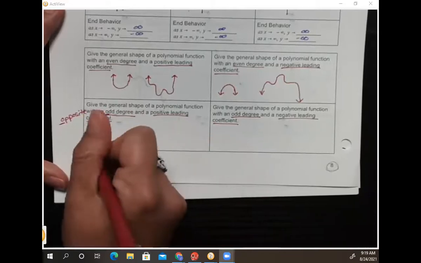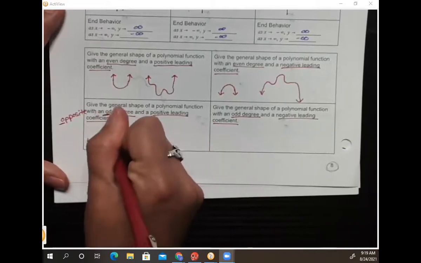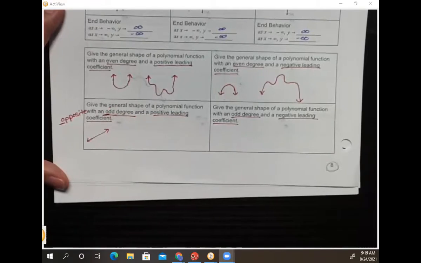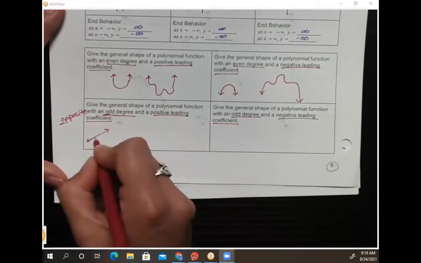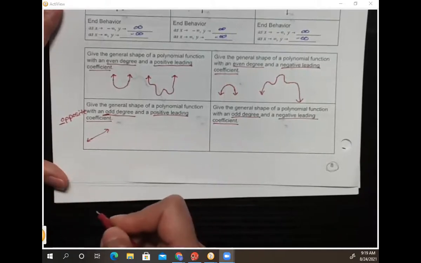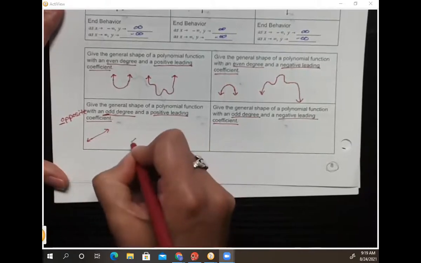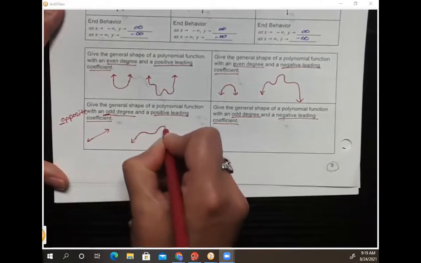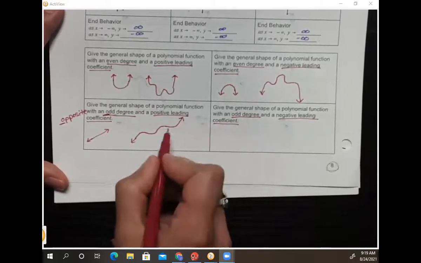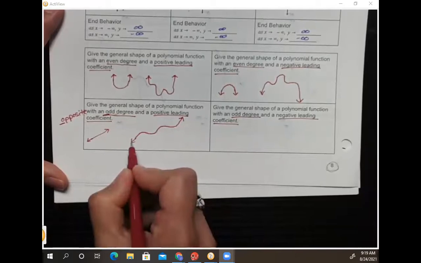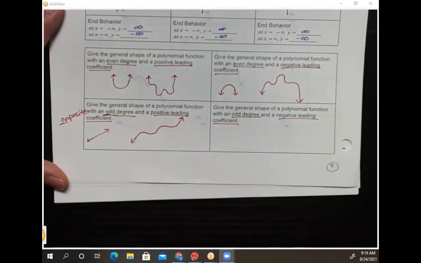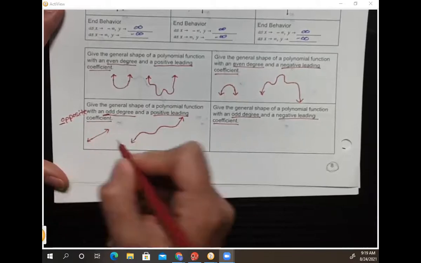If I have a positive lead coefficient, that would be a line with a positive slope. So it would look like this. You have been graphing lines for years, and so you know that your ends are going to go in different directions. Now, we'll also see polynomials where more complicated things happen in the middle, but the big idea is that your ends point in opposite directions. Your arrows are going to point in opposite directions. One arrow will point down, one arrow will point up.